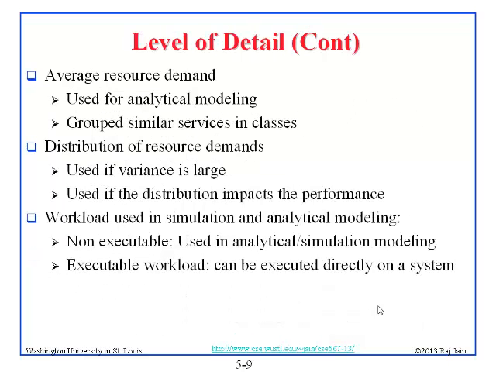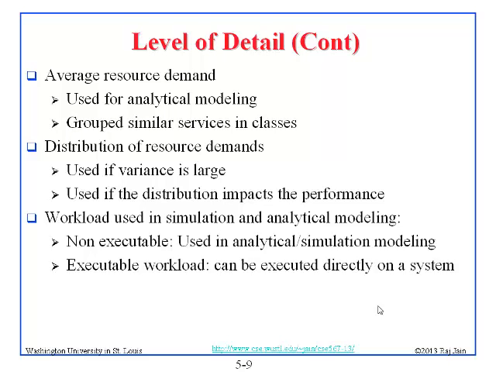Average resource demand. Generally for analytical modeling, all you need is one number, the average. So you say, well, I need 2 seconds of CPU per transaction. Then you group similar services into classes, and you say for class 1 I need 2 seconds, for class 2 I need 3 seconds, for class 3, and so on and so forth.